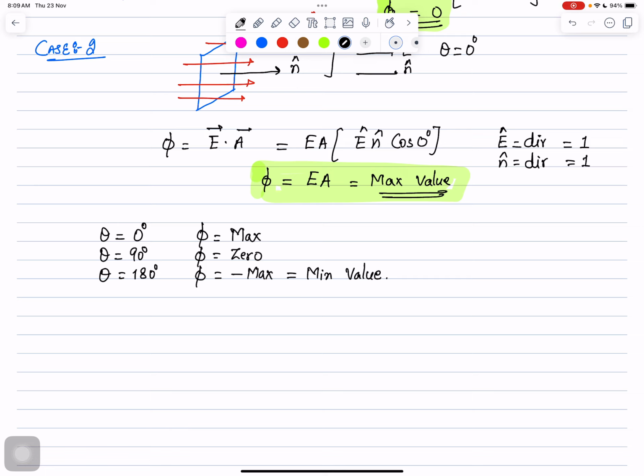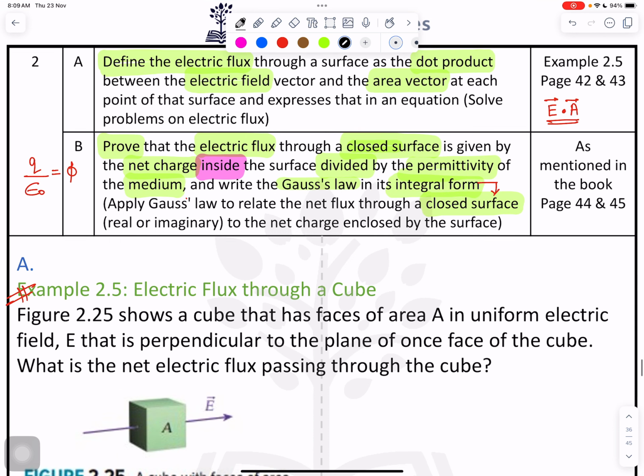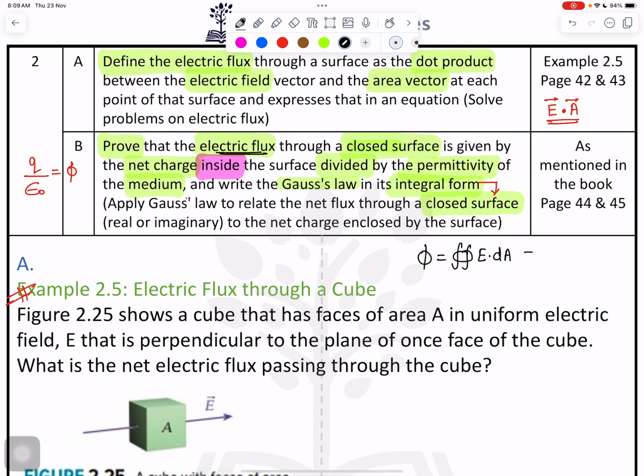Now till now we have learned about the maximum and minimum values and the 0 values. Now we need to understand the proof, how you can prove Gauss theorem. Just go back to the question. We need to prove that the electric flux, integration over a closed path E dot dA, equals Q divided by epsilon naught.